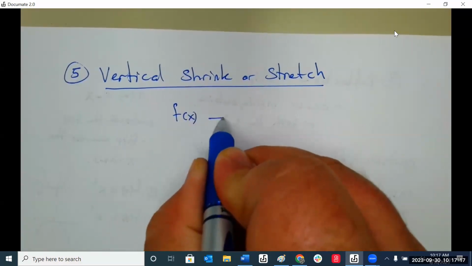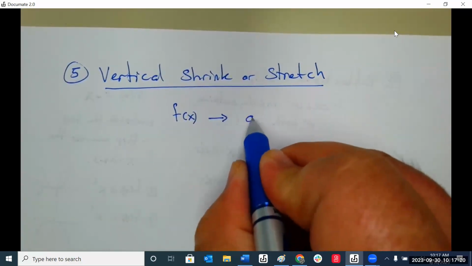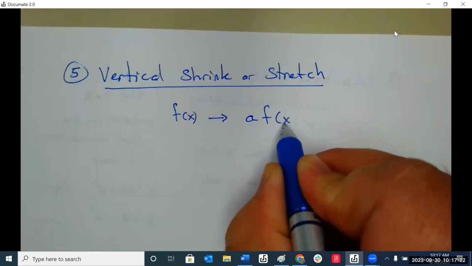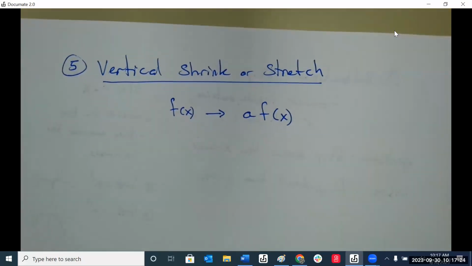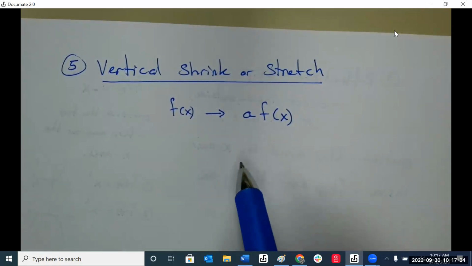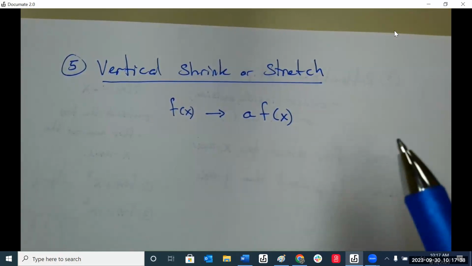What this one looks like is if we change outside the function. Unlike a vertical shift, this is you multiply a coefficient in front of your function. It's multiplied to it or divided to it.